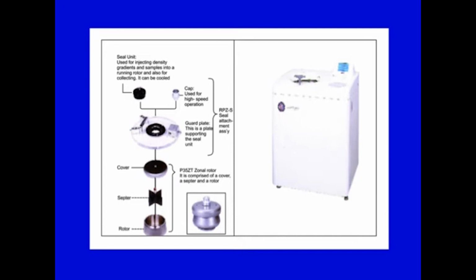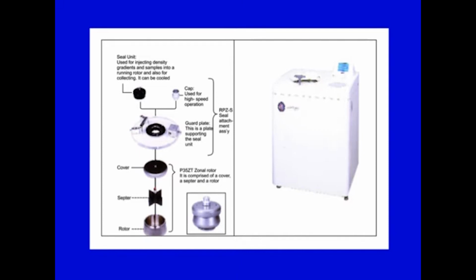There are a lot of different parts of this rotor. As you can see, there is a seal unit, used for injecting density gradients and sample into a running rotor and also for collecting; it can be cooled. We will see how the samples are loaded and unloaded in the running rotor, which is the dynamic mode.